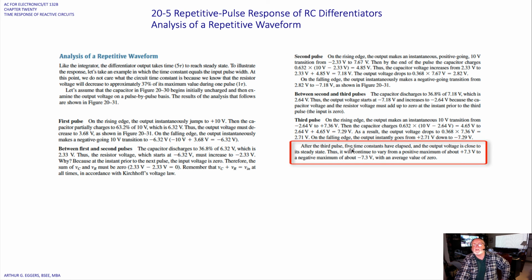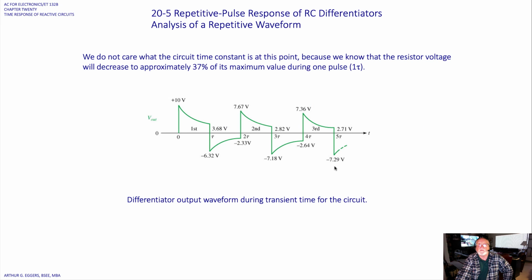After the third pulse, 5 time constants will have elapsed and the output voltage is close to its steady state. Thus, it will continue to vary from a positive maximum of about 7.3 volts to a negative maximum of about minus 7.3 volts with an average of 0. So after that, as we continue down through pulses 4 and 5, we are definitely in the steady state portion.